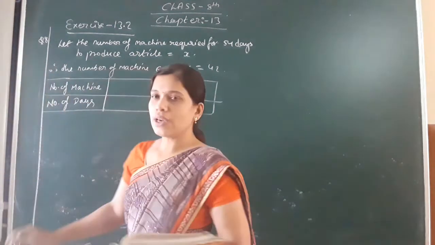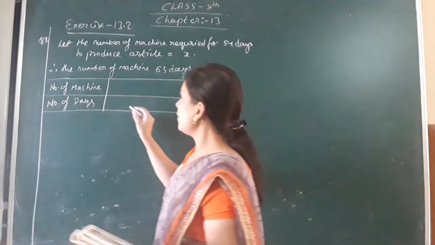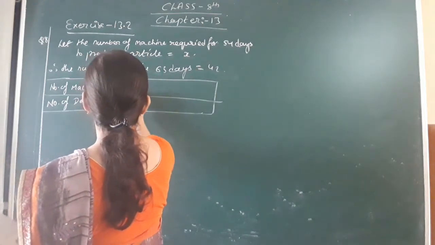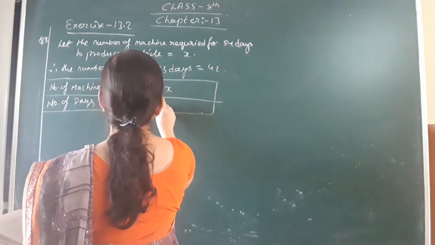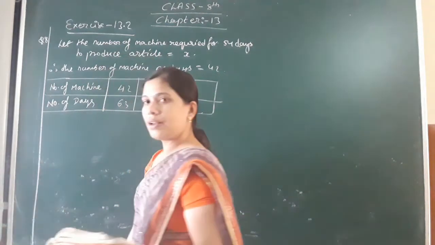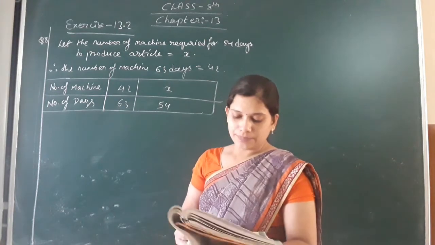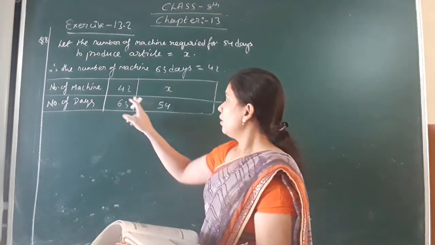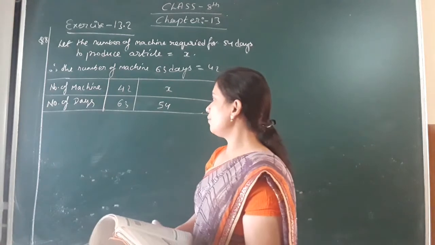So 42 machines are required in 63 days. Then how many machines will be required for 54 days? What is said here? How many machines are required for 54 days?